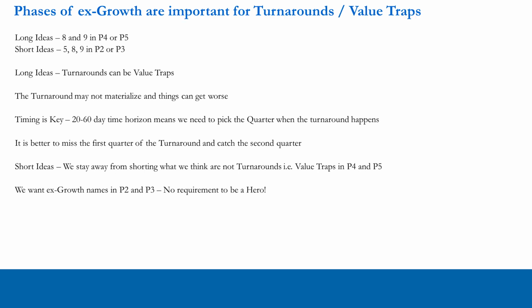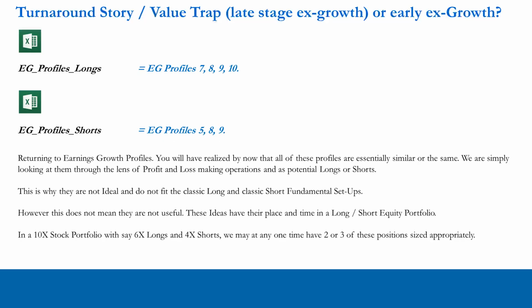So, returning to our earnings growth profiles. So our earnings growth profiles that are non-ideal, that exhibit characteristics of a potential turnaround story or value trap, so late stage X growth, or earnings growth profiles that exhibit characteristics of potentially an early X growth stock.